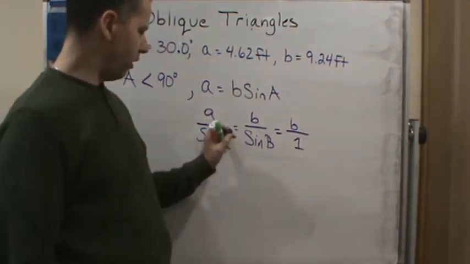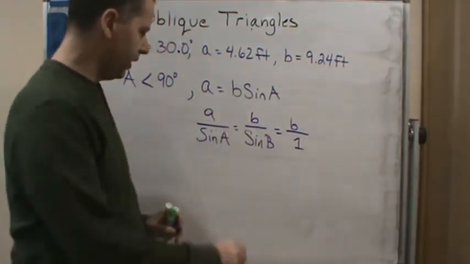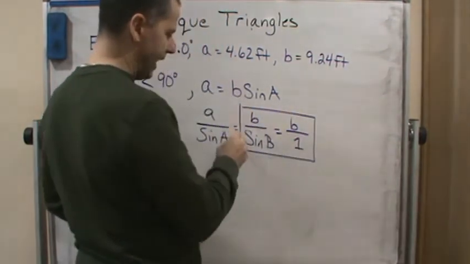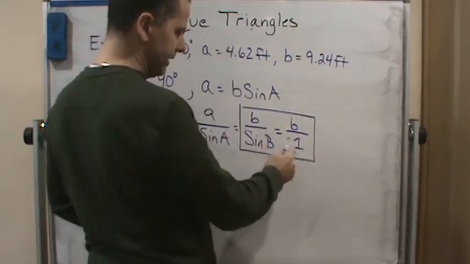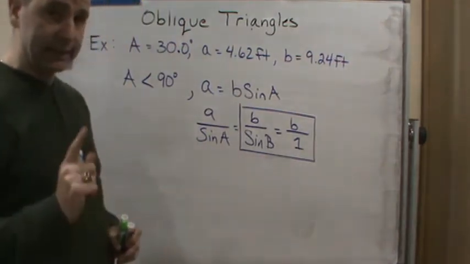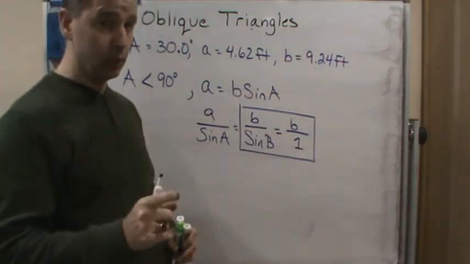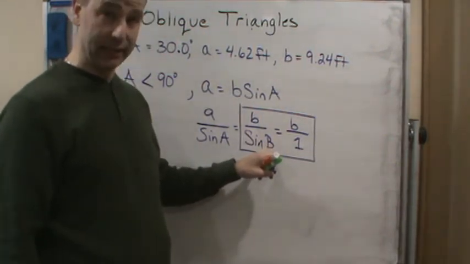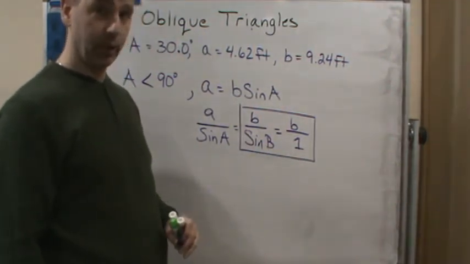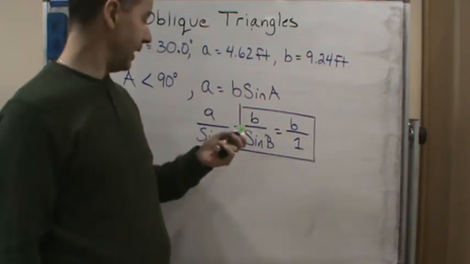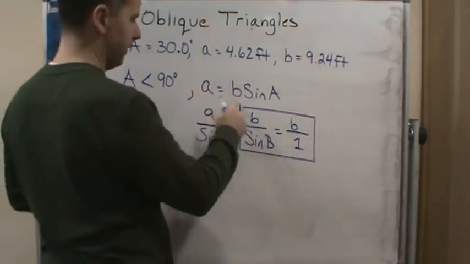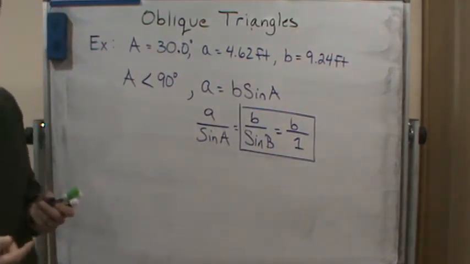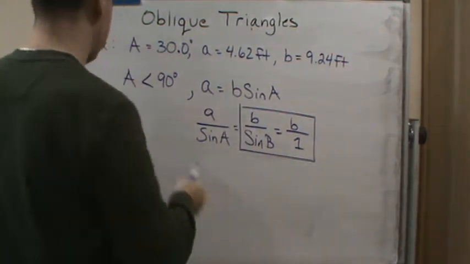The general form is B over sine B. In other words, sine of B is equal to 1. And sine is only equal to 1 when the angle is 90 degrees, and you can put that in your calculator. So that shows us why, if this is true, we have a right triangle that we're dealing with.